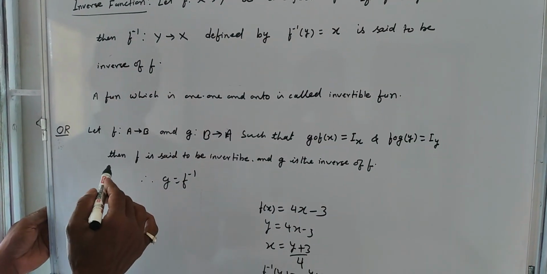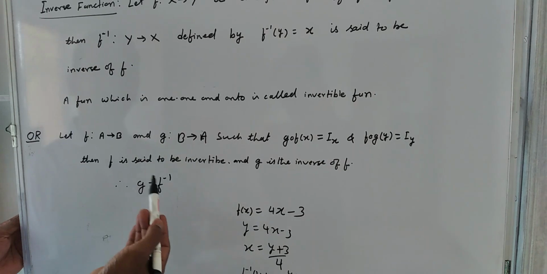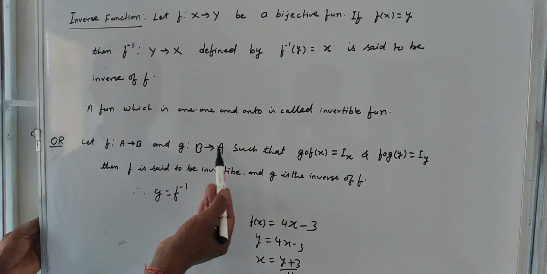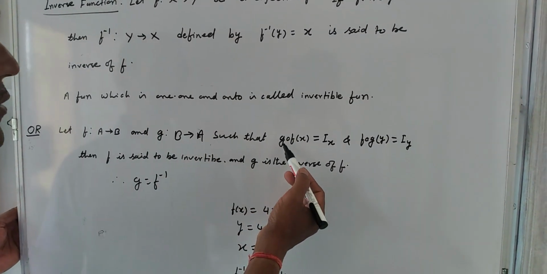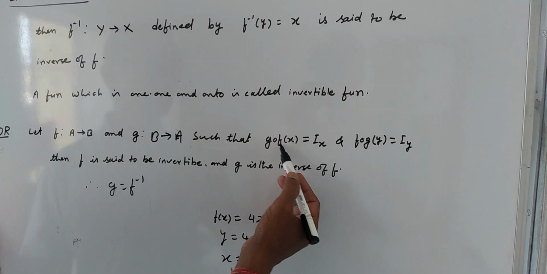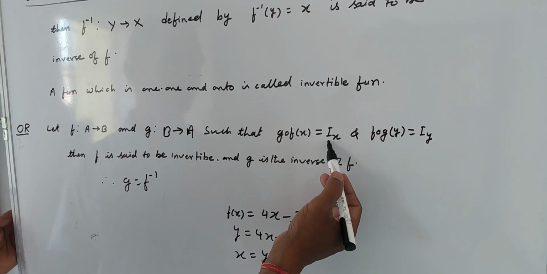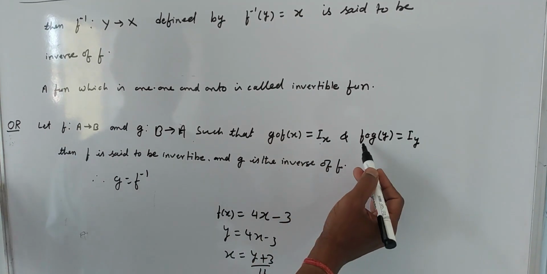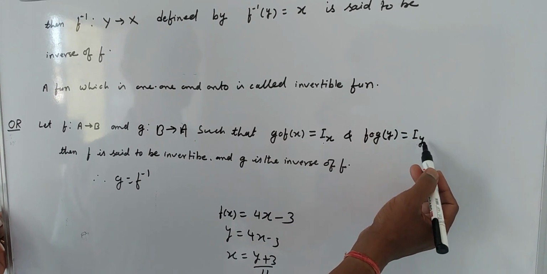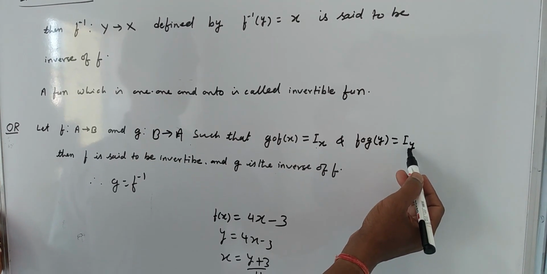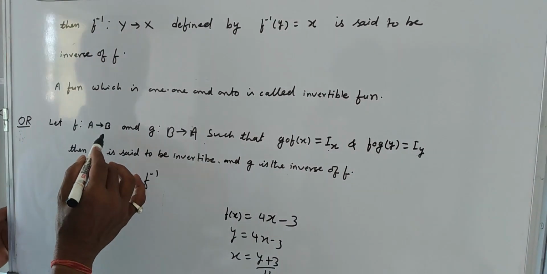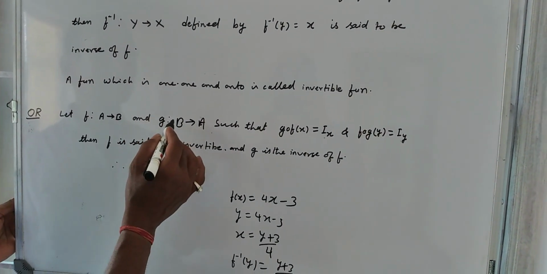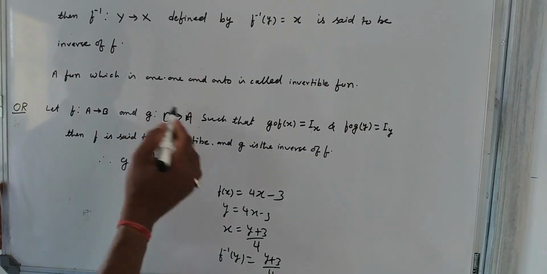Now the same inverse function we can define in another way also. Let f be a function from A to B, and suppose there exists a function g from B to A such that g circle f (x) equals I_A(x), that means the identity function on set A, and f circle g (y) equals I_B(y), that is the identity function on set B. Then we can say f is invertible and g is the inverse of f.